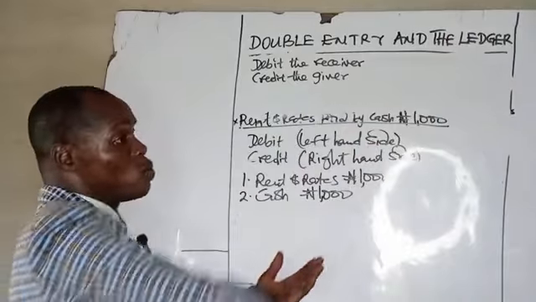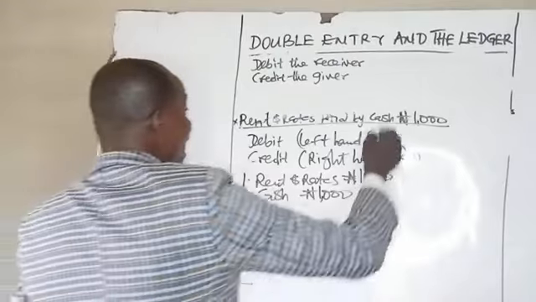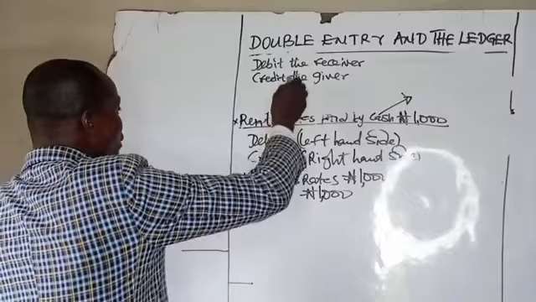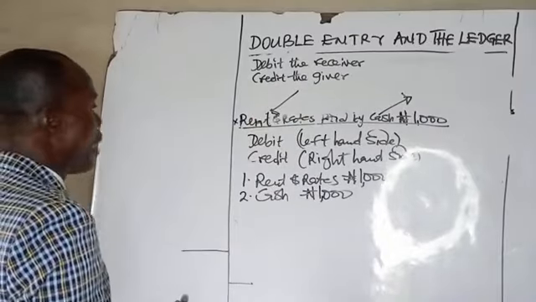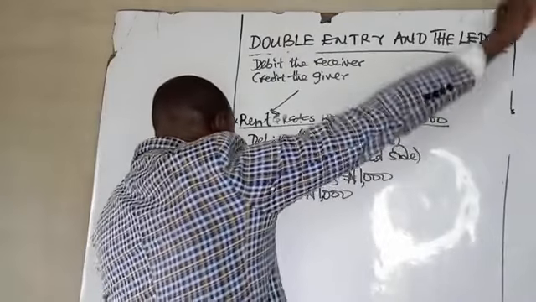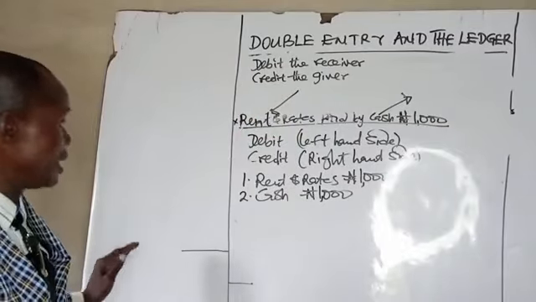That means you are giving out cash in payment. Since you are giving out cash, cash is going out, while rent and rates is coming in. So these arrows show that cash is leaving the business and rent is coming in.